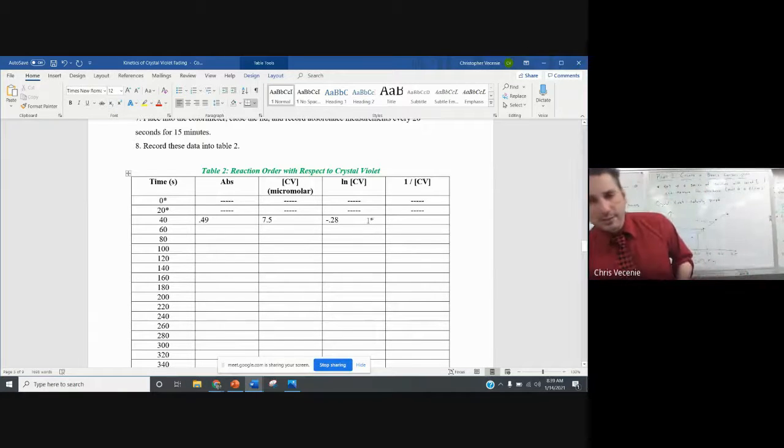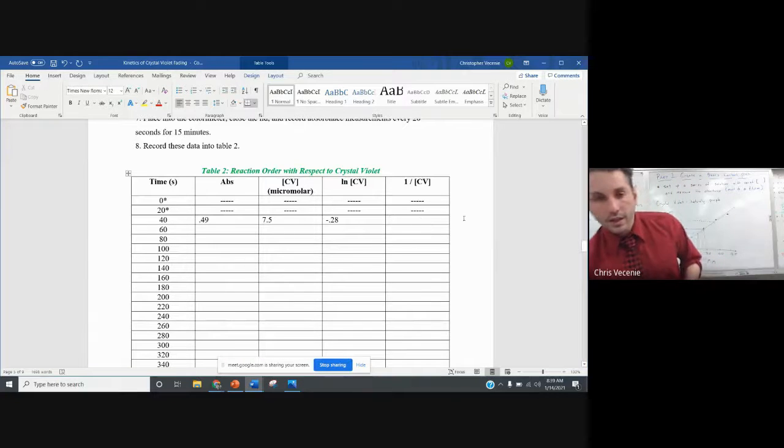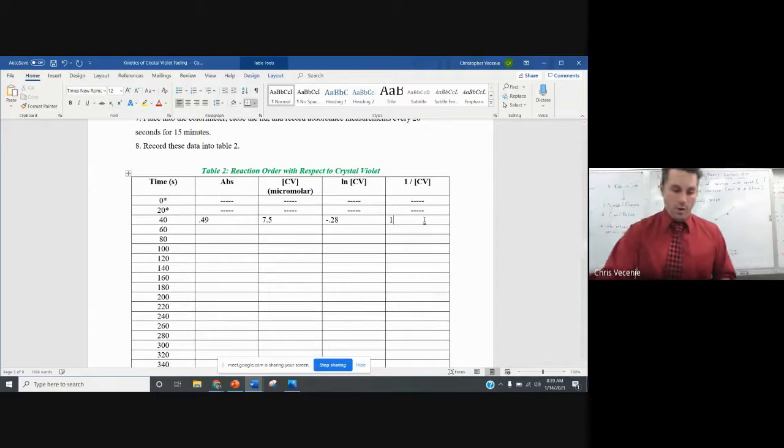And then similarly, you'll take 1 over CV concentration. So for the last column, 1 divided by 7.5 times 10 to the negative 6th, and you'd get 1.3 times 10 to the 6th.